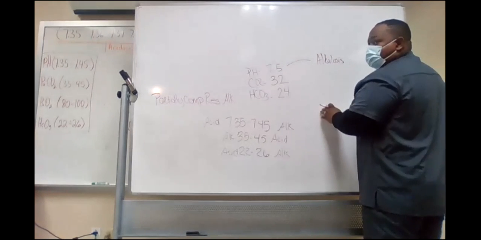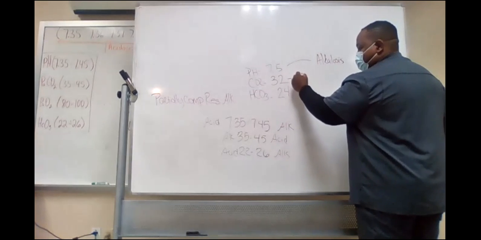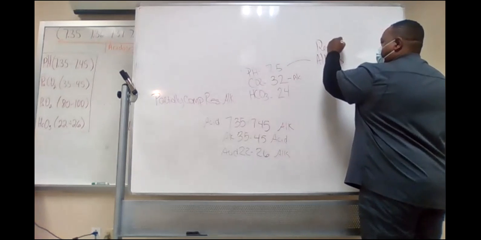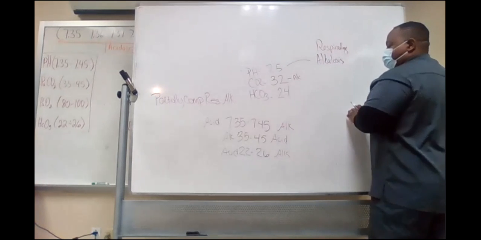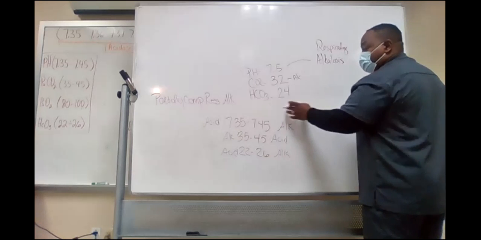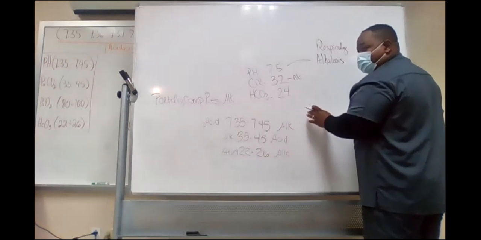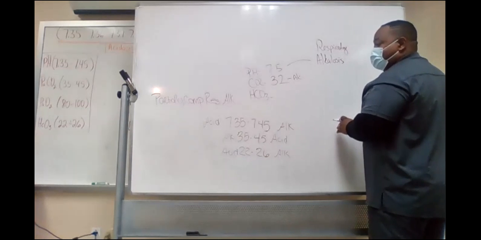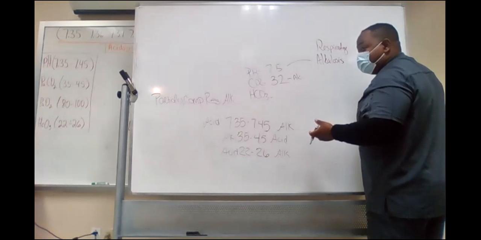So you said 32 right here, so that's fine. That's alkaline. That puts us in a respiratory alkalosis. Now, in order for compensation to be going on, the third player has to be out of normal range, and it has to lean which way? There you go.